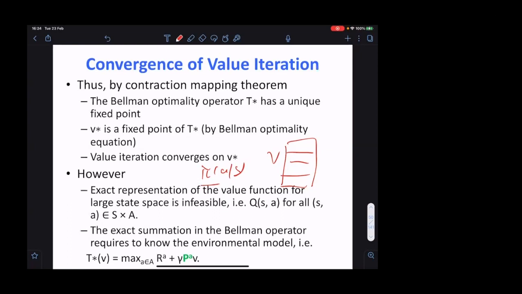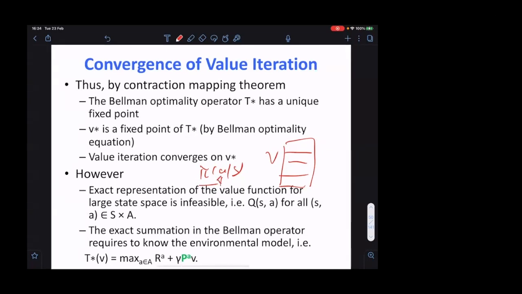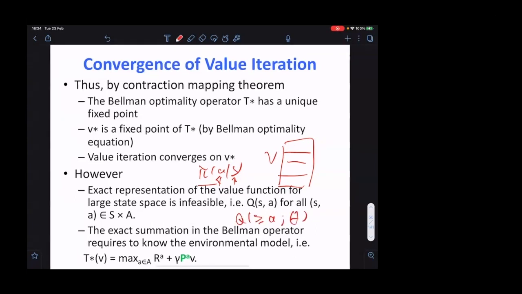But in practice, when the action space and state space are very large, it's probably infeasible to use a table to represent that, and you need some functional representation, for example a neural network. Then it's very difficult to prove convergence.